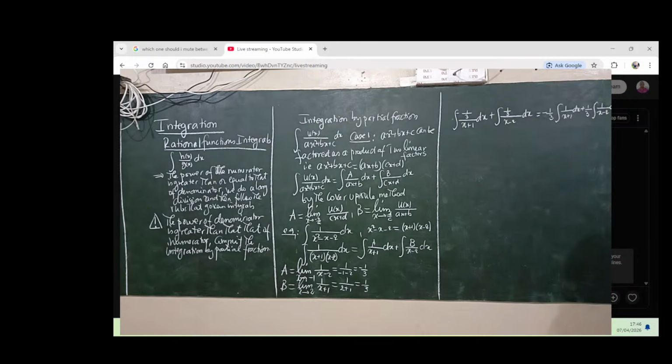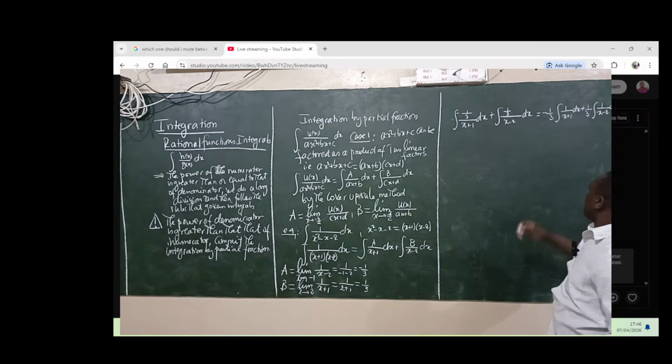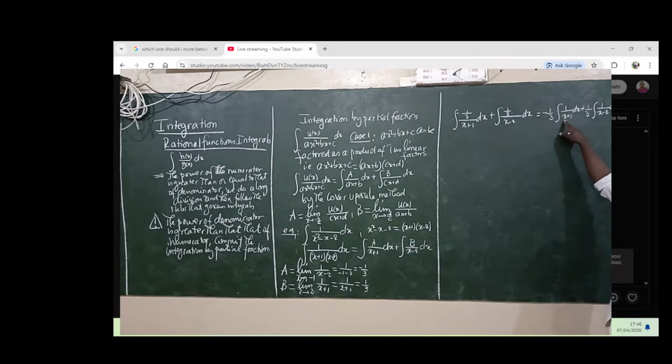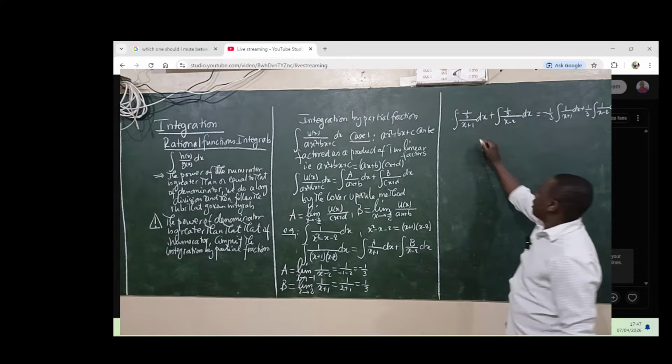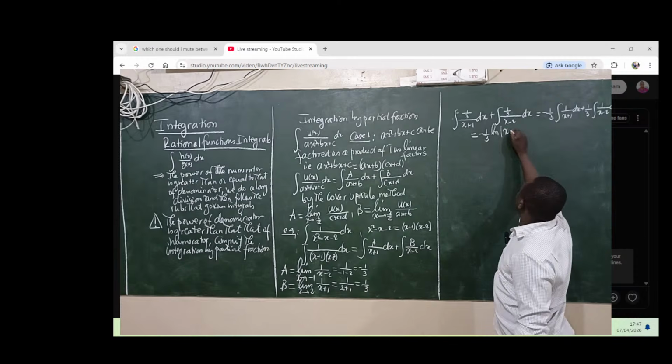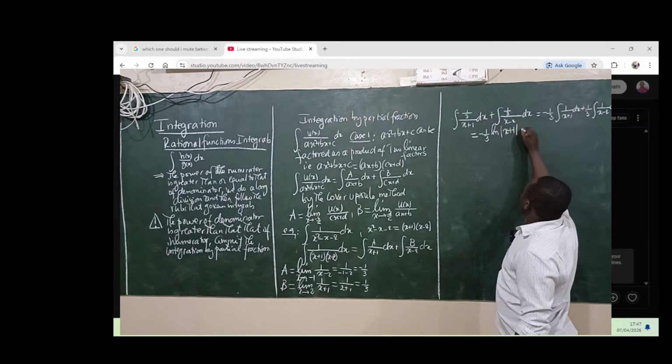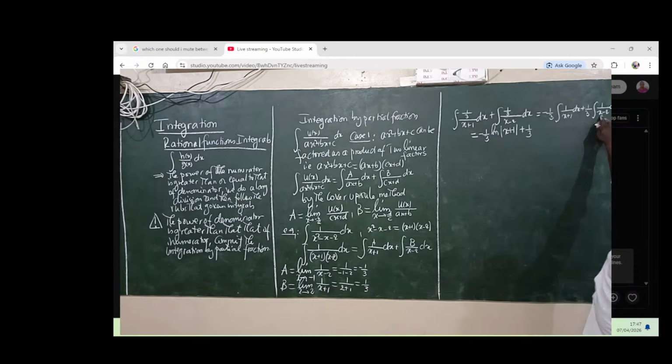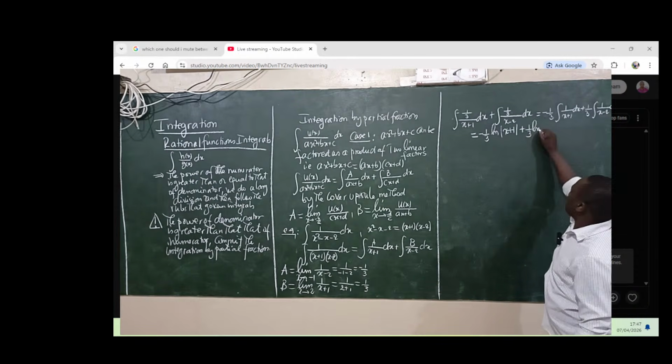This is going to be, as you see, of the type we have seen in our last lesson. Having the derivative of the denominator in the numerator gives the ln of the denominator, hence this is minus 1 over 3 times ln of x plus 1 plus 1 over 3, the derivative of the denominator gives 1, that's why here we have ln of x minus 2.